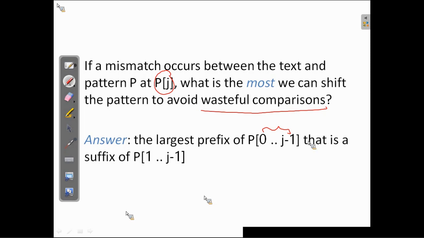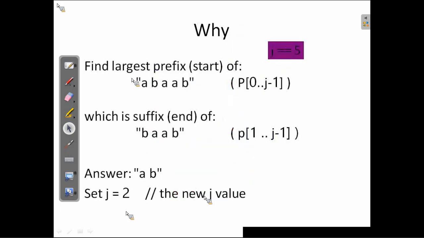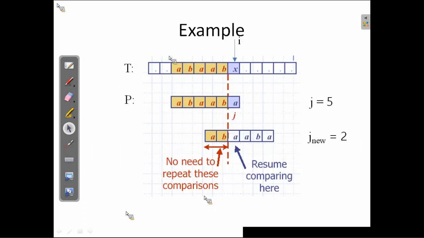So you'll understand what it means the moment I look at an example. Okay, now watch carefully what we are doing and what we are talking about. Now focus your attention here. This is the text and this is the pattern you are matching in the text.